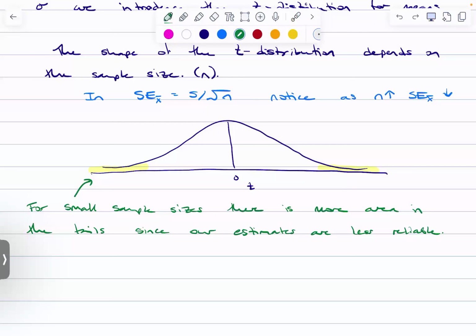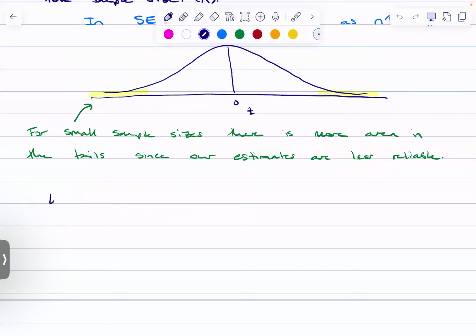And so how we communicate the sample size is through the degrees of freedom. We've already seen degrees of freedom for the chi-squared, and I secretly suspect you've already heard of degrees of freedom, maybe in your chemistry course or something like that. But now we get to see it for real. Fun.